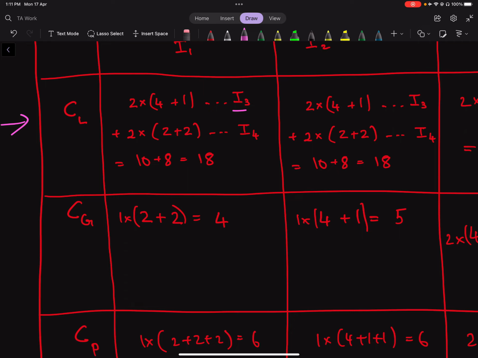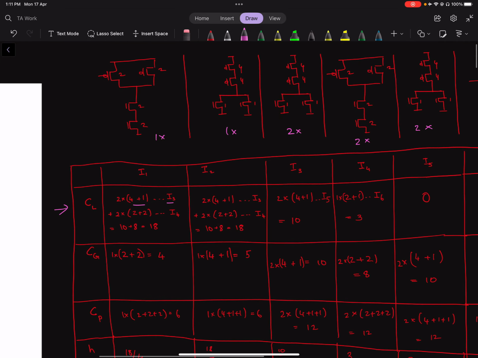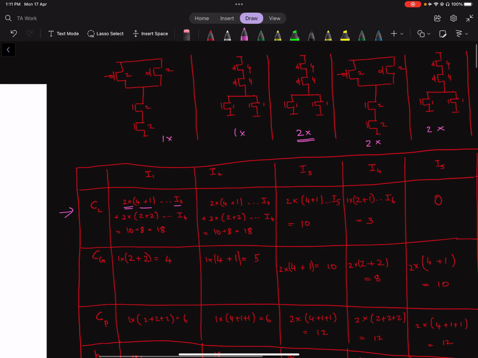For I3, it is 4 plus 1. But of course, I3 is a 2x gate, and so there is a multiplication by 2 into 4 plus 1, because this is the size of the 1x gate. The size of the 2x gate will be all the transistor sizes multiplied by 2.